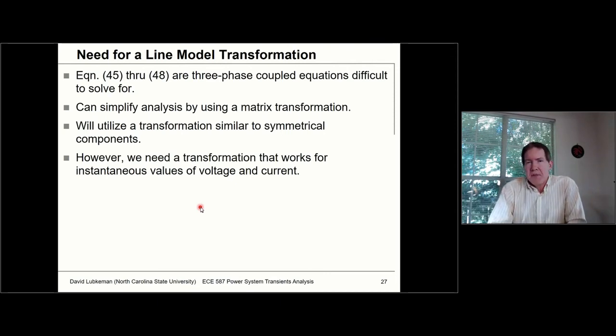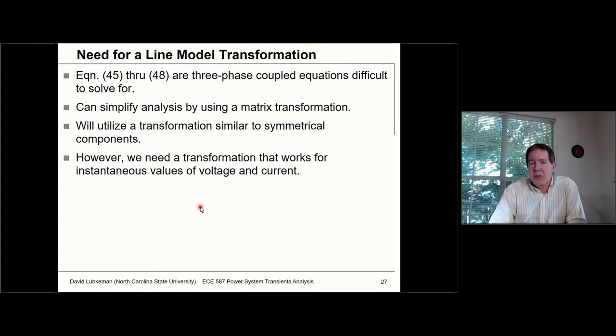Well, the way we would deal with this is the same way you would do fault analysis and use symmetrical components. You would take the ABC terms and translate them into symmetrical components. We're going to have a positive, a negative, and a zero sequence. Then you could analyze those three sequence circuits separately, get results, and transform back into the ABC domain.